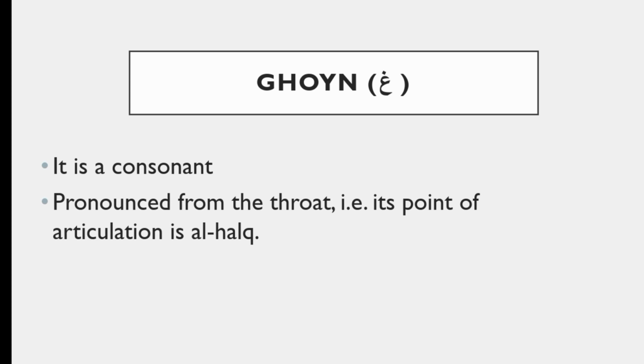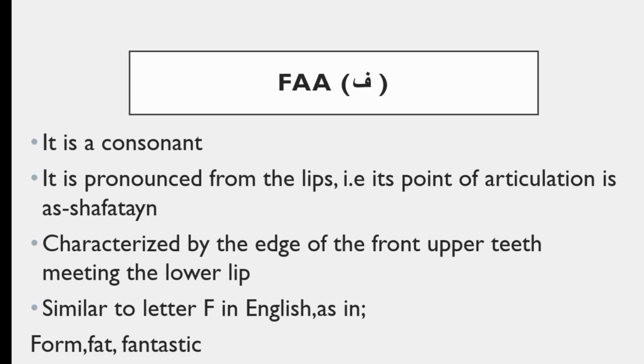Now the next letter we have is letter fa. Fa is a consonant letter. It is pronounced from the lips. That is, the point of articulation of fa is ash-shafatayn. It is characterized by the edge of the front upper teeth meeting the lower lip. You can just liken it to the pronunciation of letter F in English.